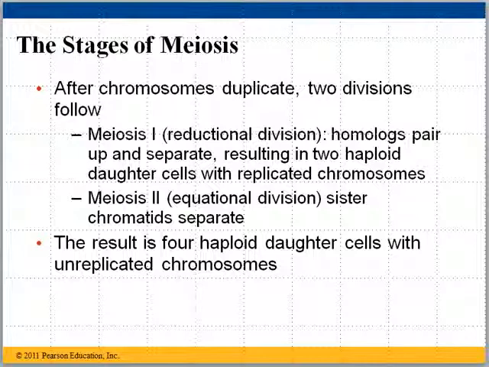So after meiosis 1, you basically end up with 2 daughter cells that are haploid, but they have the replicated chromosomes inside. And then in meiosis 2, which we call equational division, those sister chromatids separate. So in the end, you're going to have 4 haploid daughter cells with unreplicated chromosomes. And again, what I find is saying all this starts to make it sound way more confusing than it is. So let's take a look at some illustrations, and I think it'll be a lot more clear.